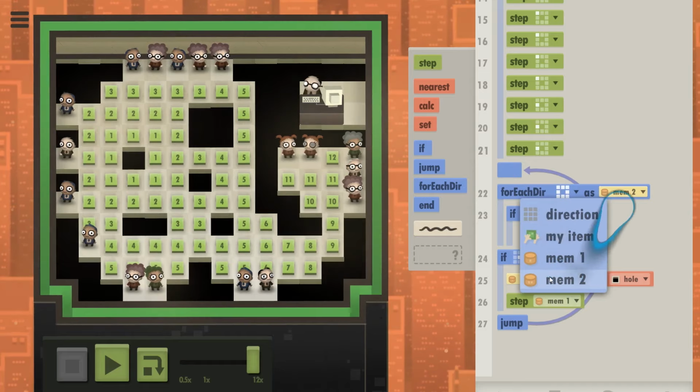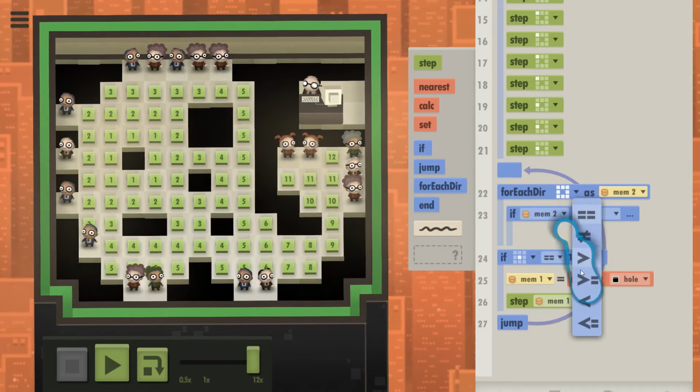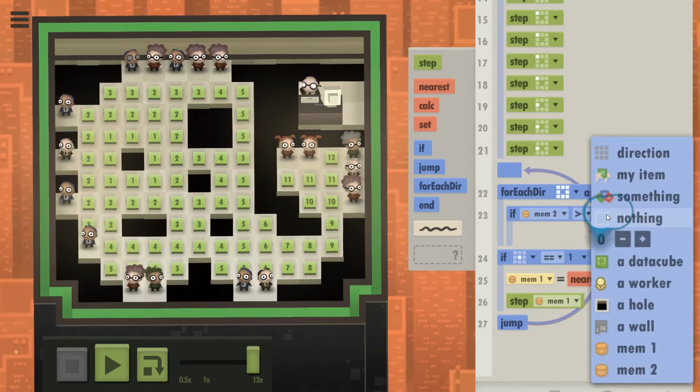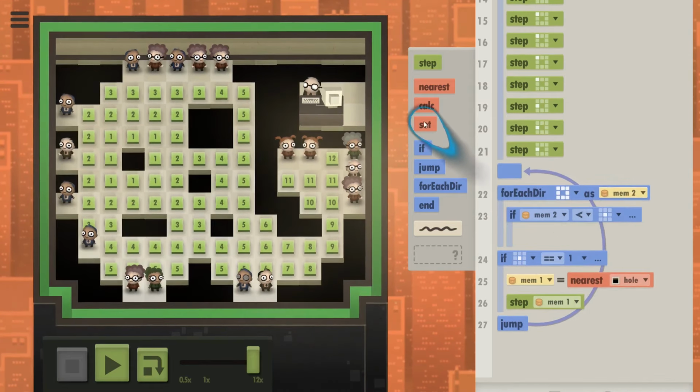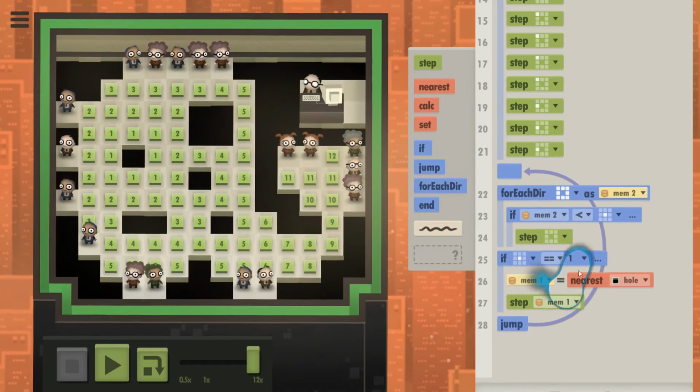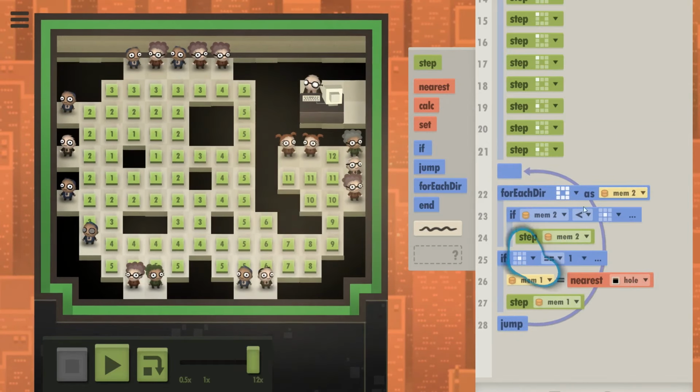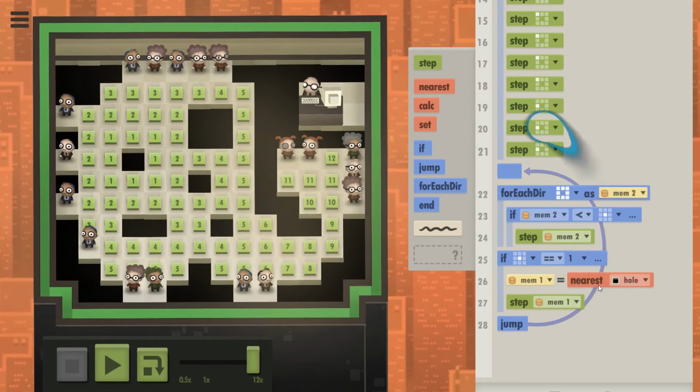If memory 2 is less than where I'm at, step to memory 2. Then if you're on a 1, you jump into the nearest hole.